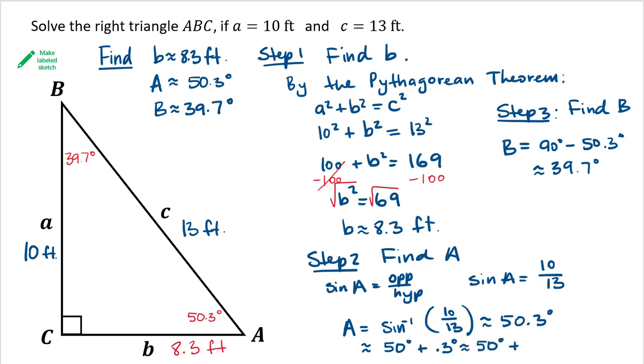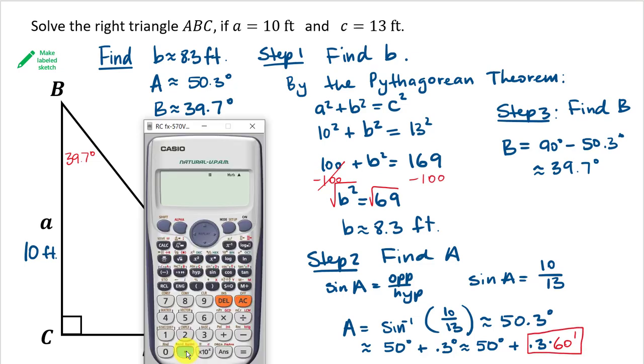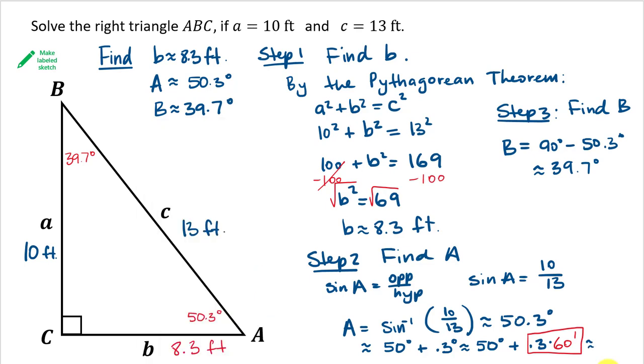So what we do next, we write 3/10 of a degree as 0.3 times 60 minutes, because in 1 degree there are 60 minutes. Let's calculate that part. 0.3 times 60 is 18. So that means the alternative answer is 50 degrees and 18 minutes.